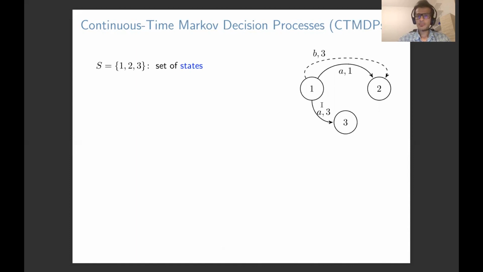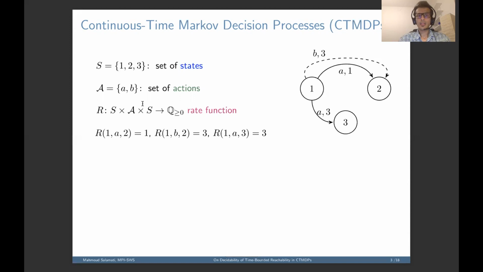At state 1, we are equipped with 2 actions, action A and action B. Action A corresponds to solid links, and action B corresponds to dashed links. So the set of actions includes, for this very simple example, only 2 actions, A and B. And finally, we have a rate function, which assigns to any given state pair and for any action from the set of actions, a non-negative value.